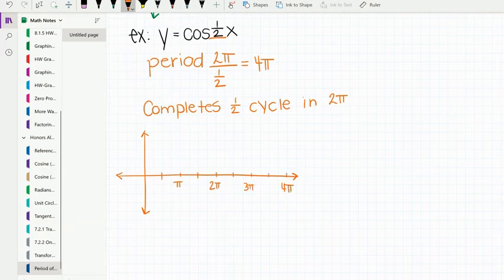All right, so if we were to graph this one, for cosine we know that the parent function, and again we'll say this is 1 and negative 1, looks something like this. But this function will look something like this.